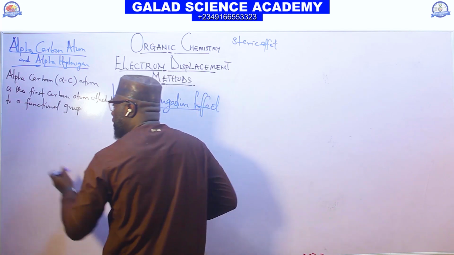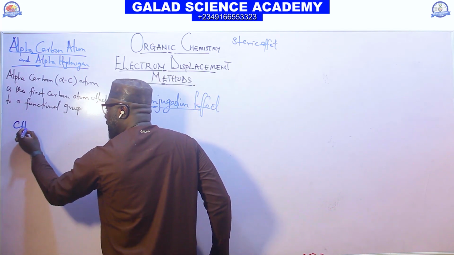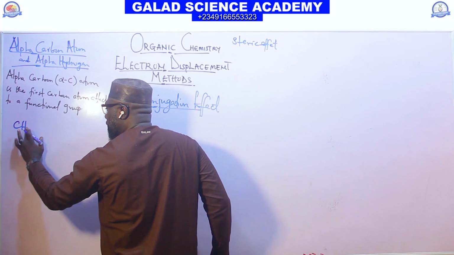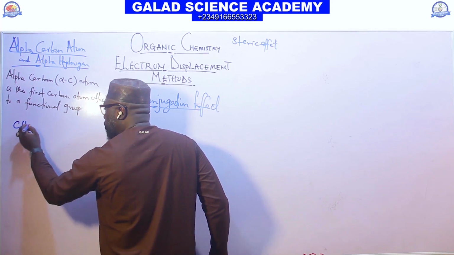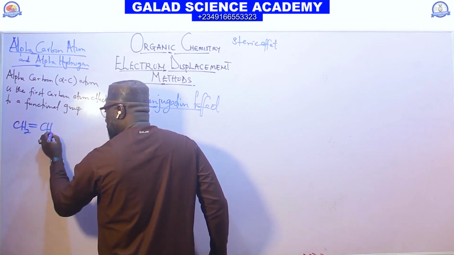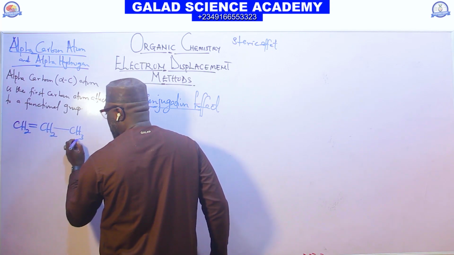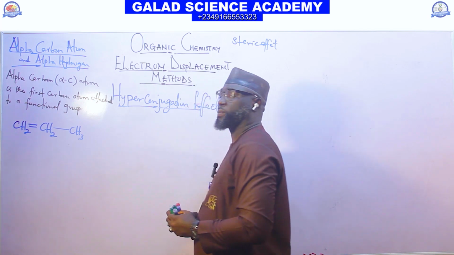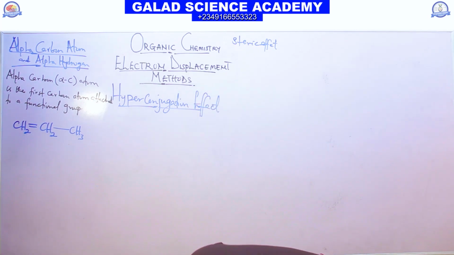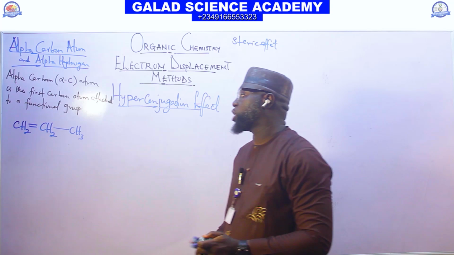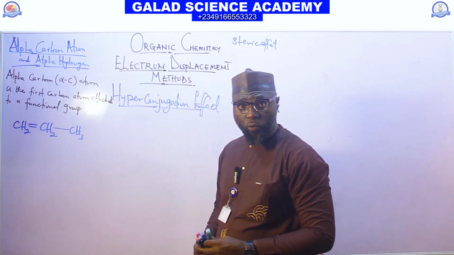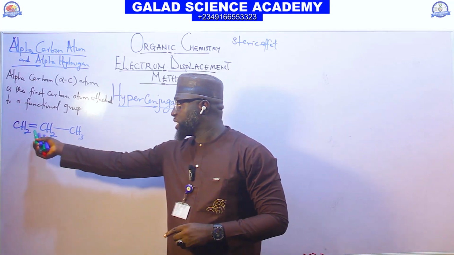Take for instance, if I have CH2 double bond CH2 bond with CH3. Good. What is the functional group of the structure?